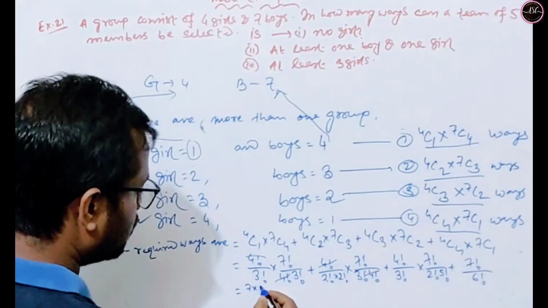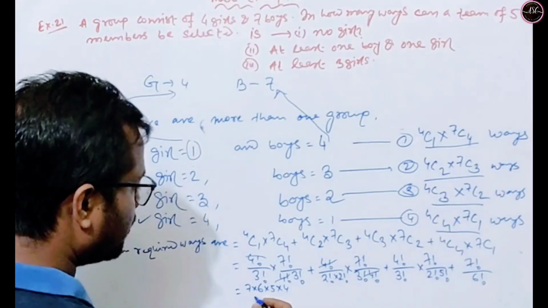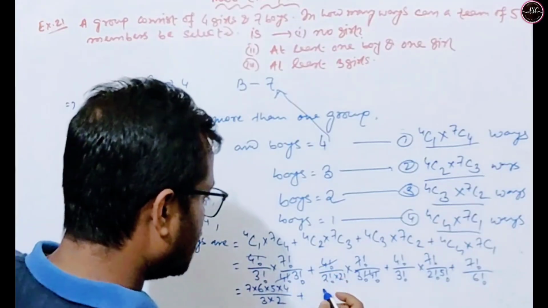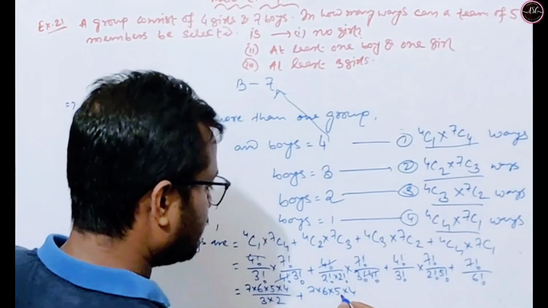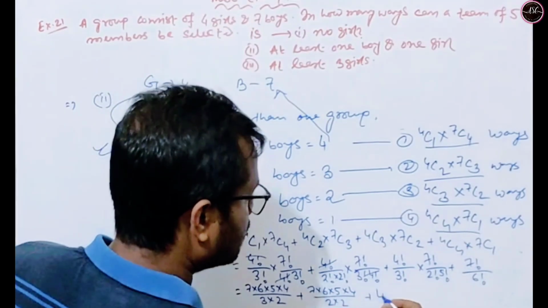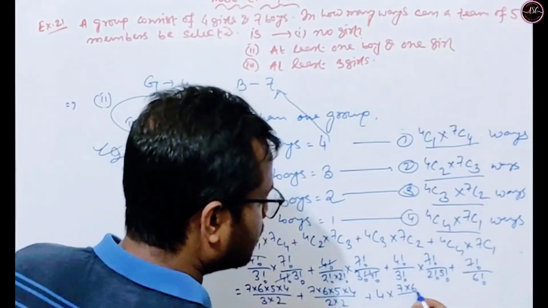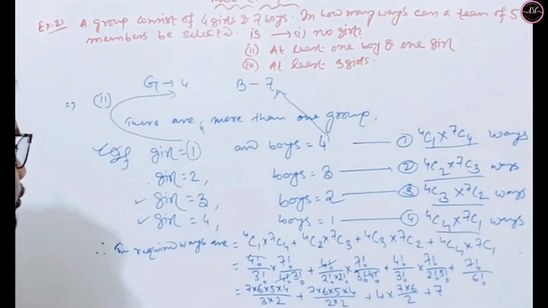7 into 6 into 5 into 4 divided by 3 factorial, divided by 3 into 2, plus here we have 7 into 6 into 5 into 4 into 3 factorial divided by 3 factorial by 2 into 2, plus 4 by 3 factorial equal 4 into 7 into 6, 5 factorial will be cancelled out, divided by 2, plus 7 factorial will be cancelled out.